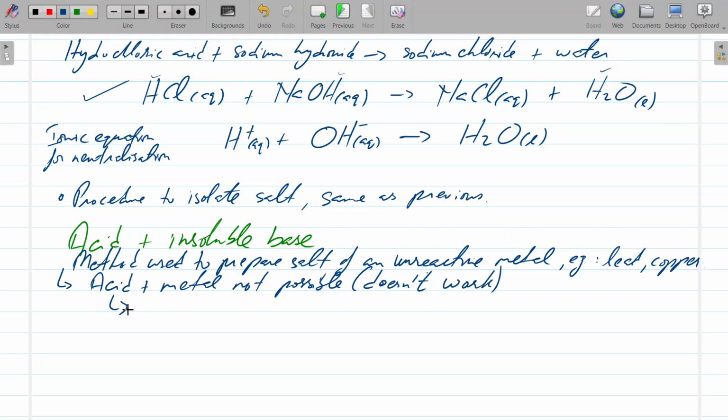And so what we do is, for example, we use a metal oxide and we need to heat it. So we actually need to provide energy to get the reaction going. So, for example, you are taking sulfuric acid and copper 2 oxide.